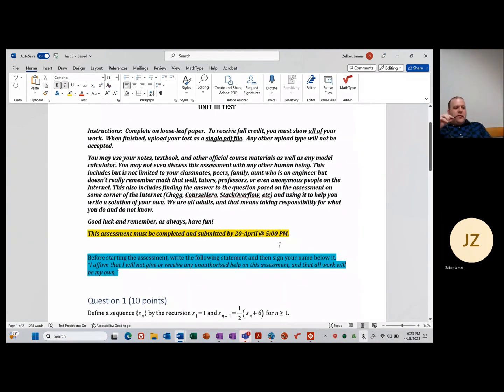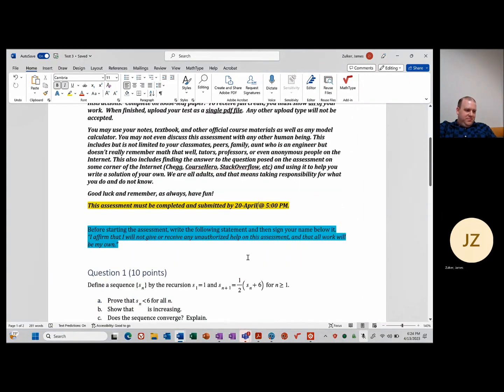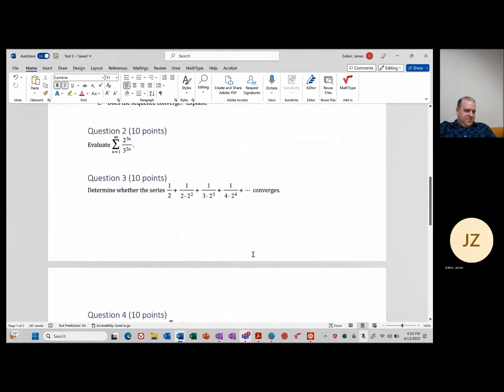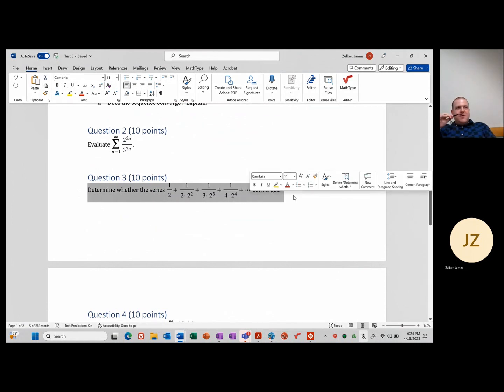See, full credit must show all of your work, right? So remember, when it says determine whether the series converges, your answer is not simply converges or diverges. You need to explain why. If you guess, let's just say you guess converges and it's correct, and that's all you do, you'll get 1 out of 10.